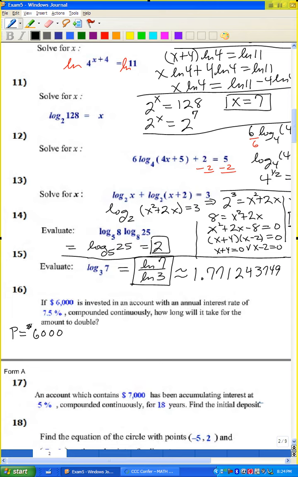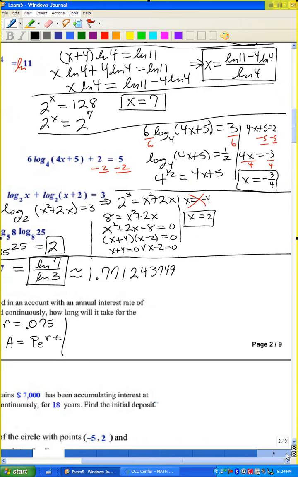We want to determine the amount of time until the amount doubles to $12,000. Given that the interest rate is 7.5% compounded continuously, and so we use the following formula.